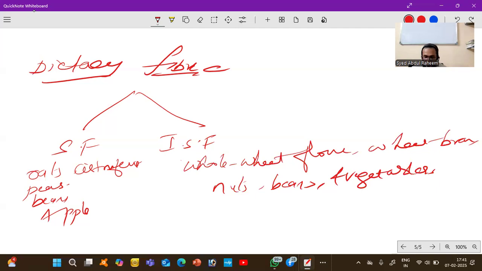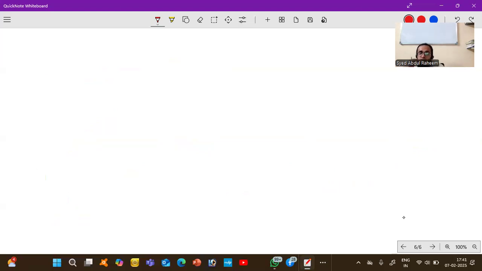Okay. Roles of dietary fiber. What is the role of dietary fiber? It is good for digestive health, promotes regular bowel movement. Number one is regular bowel movement, very important. And it prevents constipation.